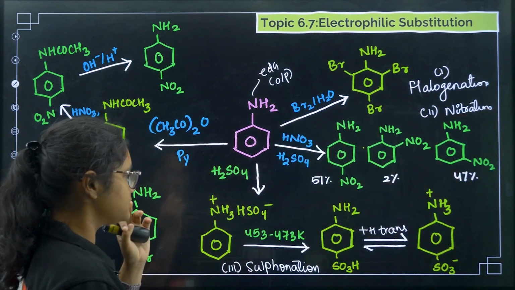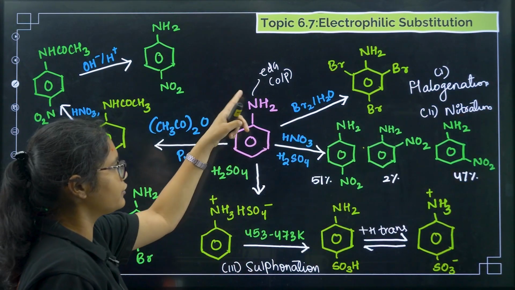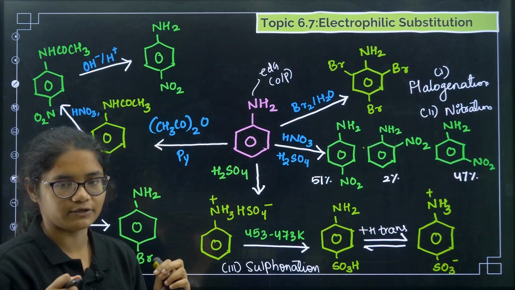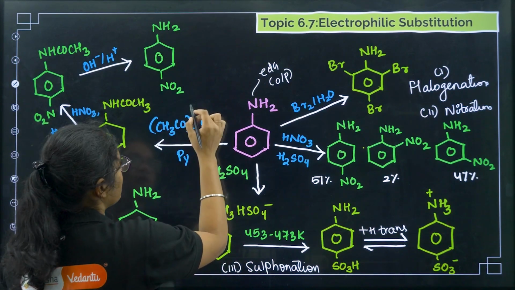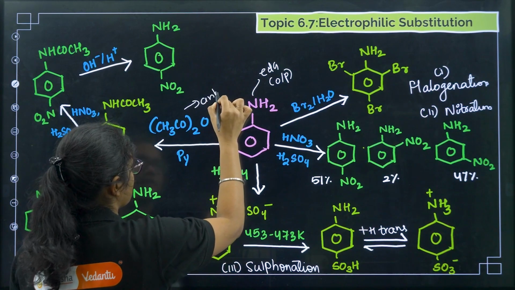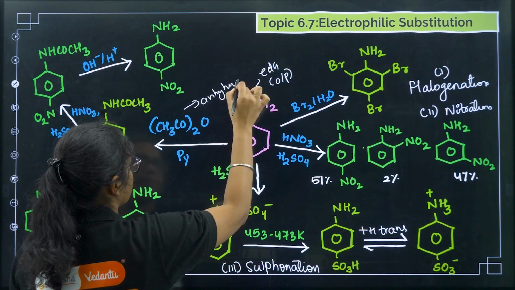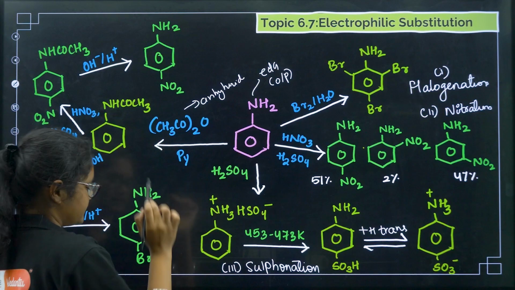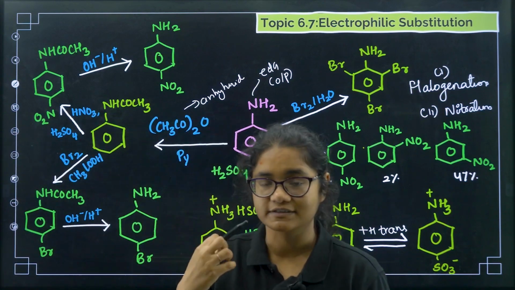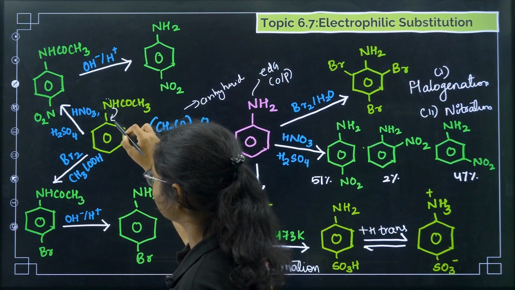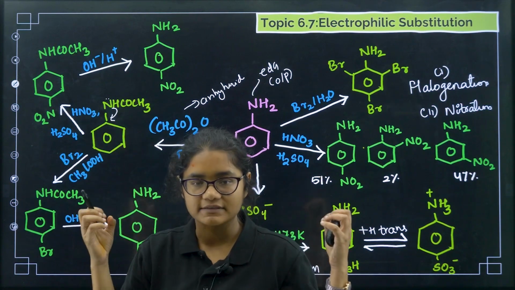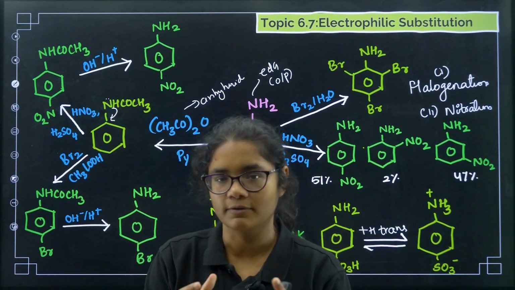So now, if we want to reduce the reactivity of this amine group, you can reduce its reactivity by treating it with anhydrides. Okay. So now we'll get this NHCOCH3. Now how does it reduce the reactivity? Now see, earlier this lone pair of electrons was involved in resonance with the benzene ring, and it was increasing the electron density of the benzene ring.